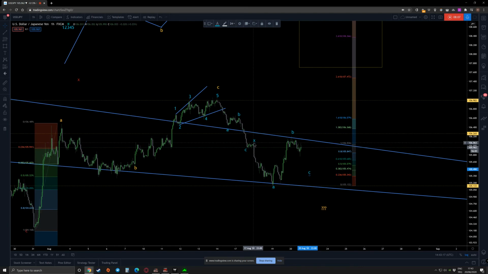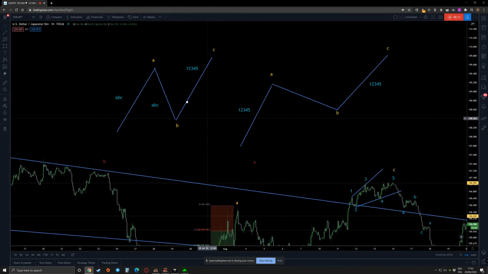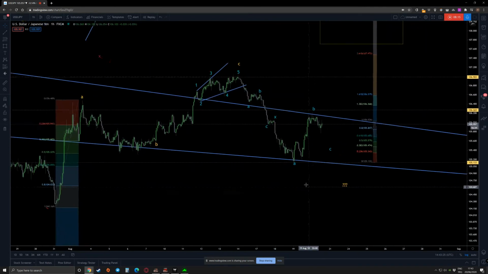After this X wave, we can have an A, B, C in the form of a flat, like this one. In a flat, the C wave can end before or after the A wave. It does not require a new low. So it can end here, it can end pretty much anywhere it wants.